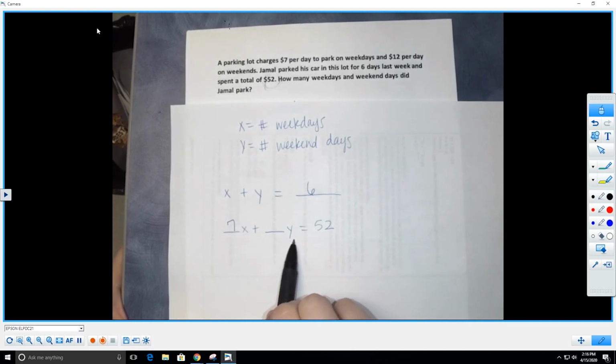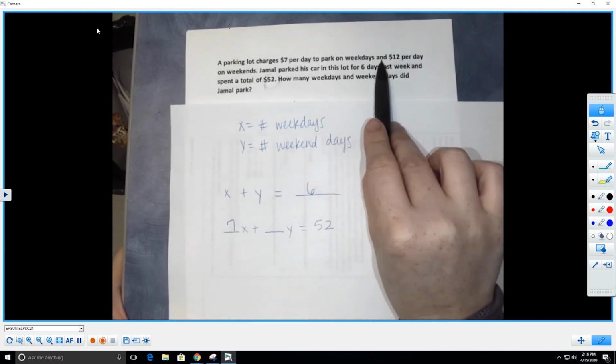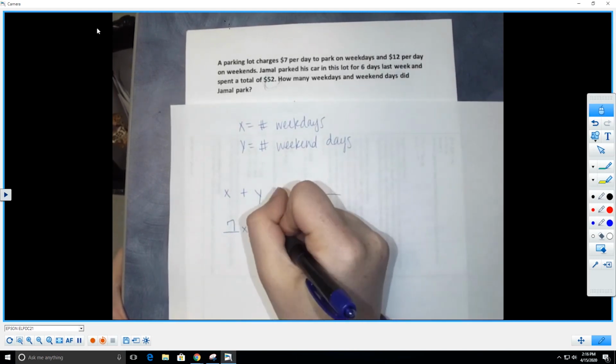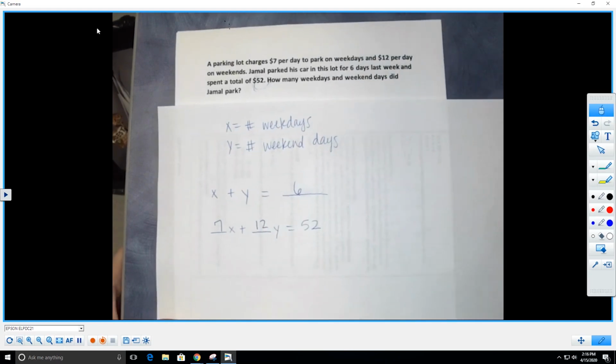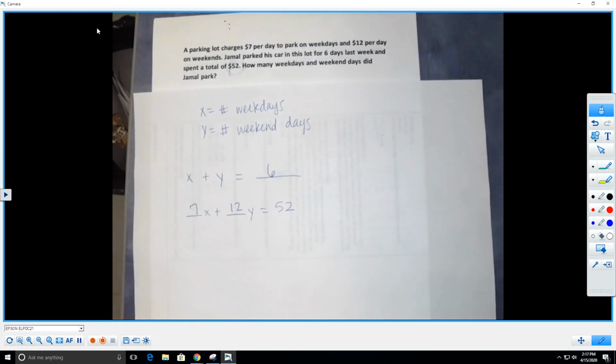And y is going to represent the weekend days, and so we know that it's $12 per weekend day to park. So now that we have our system of equations created, we need to isolate one of our variables. That is, we need to set one of our variables equal to an expression so we can use substitution.